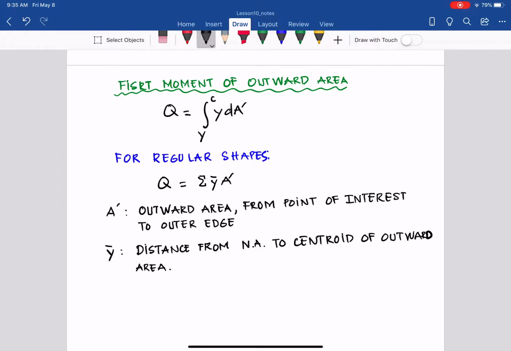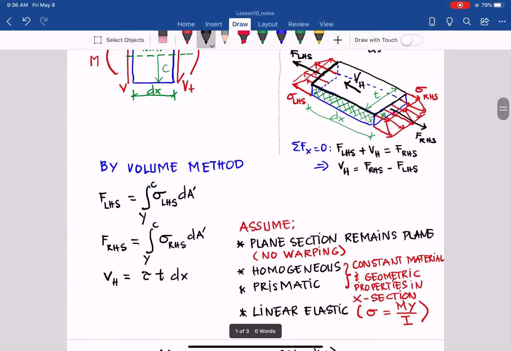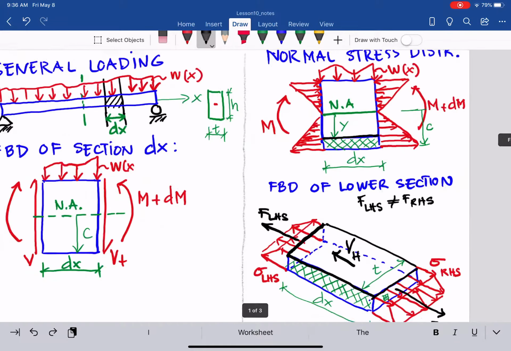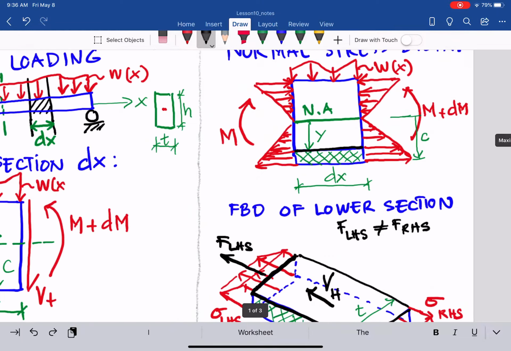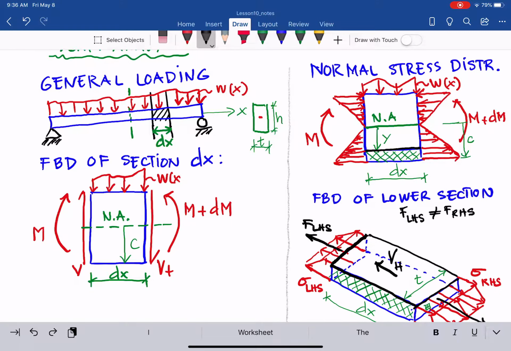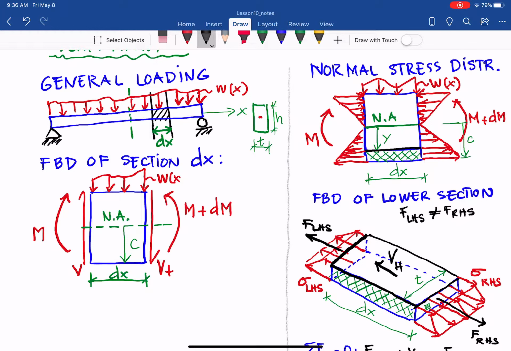So what is y bar? It is the distance from the neutral axis to the center of the outward area. It's not y as we defined earlier. Y is from the neutral axis to the point of interest. Now, where is y bar? Let's draw it down here in a different color. Y bar is the distance from the neutral axis to the centroid of the outward area, and that is y bar.